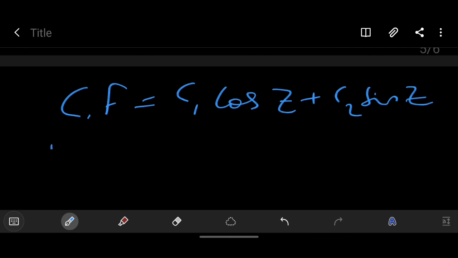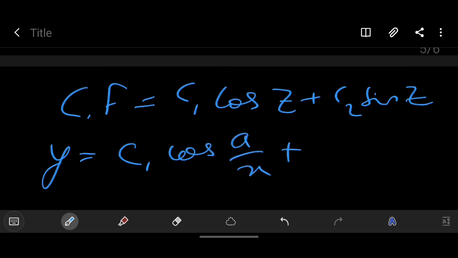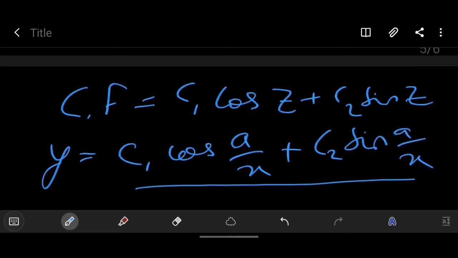So this is going to be our solution. y equals C1 cos z, and we change z to x again as the original one, z is a by x. So y equals C1 cos(a/x) plus C2 sin(a/x). This will be our complete solution. That is the way to solve the given problem by transformation of equation when changing the independent variable x to z.